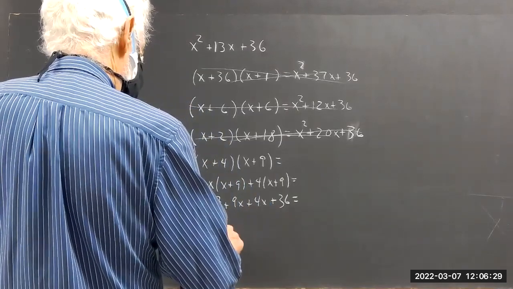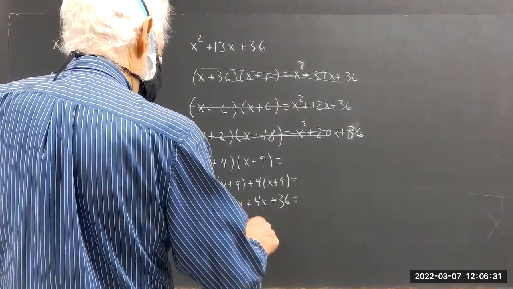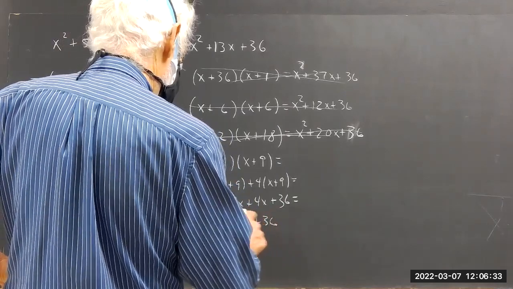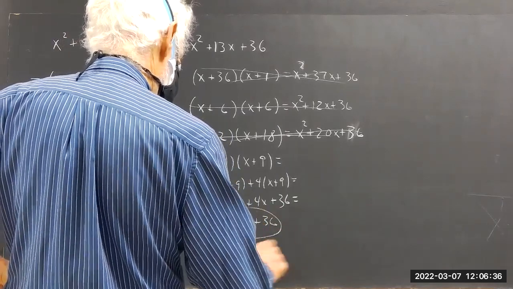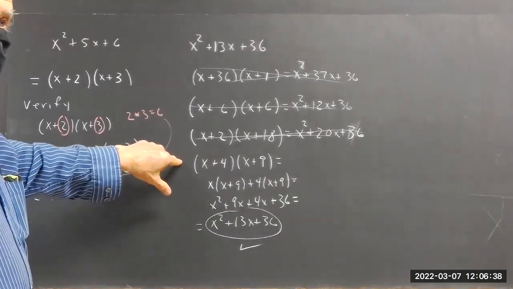Okay, and that's x squared plus 13x plus 36. So that checks out, and that's my factor.